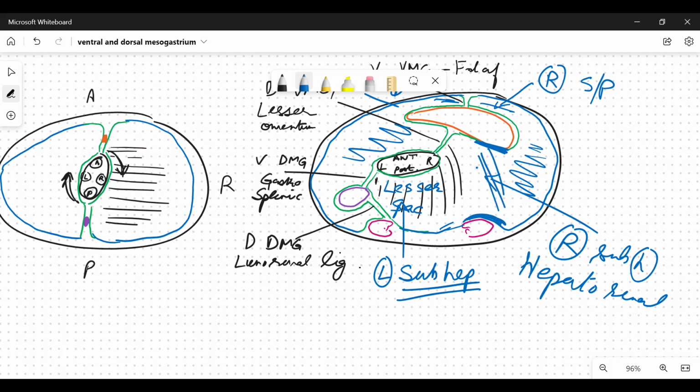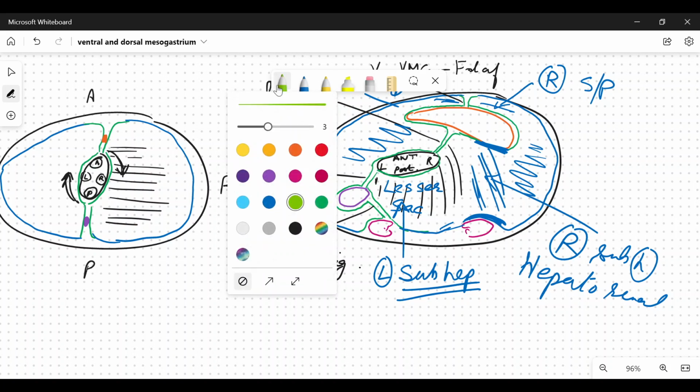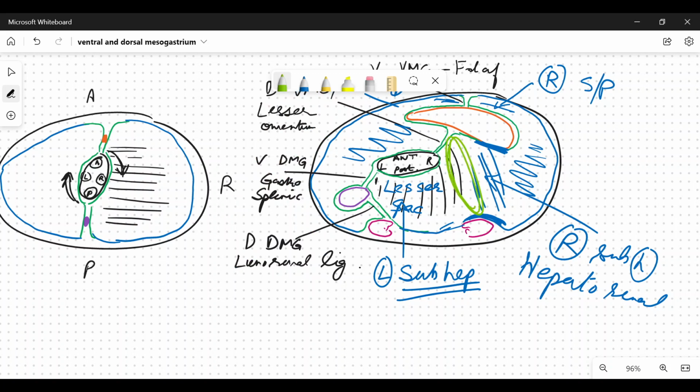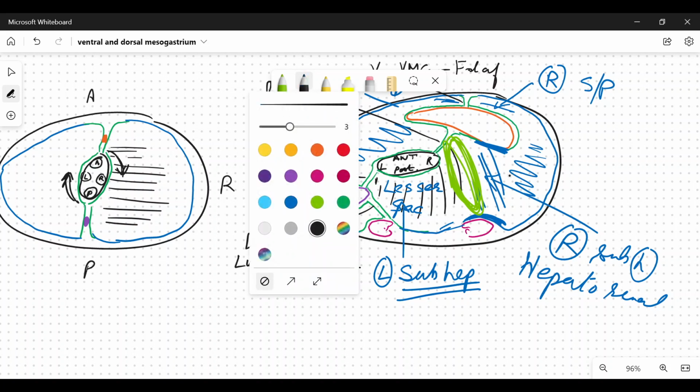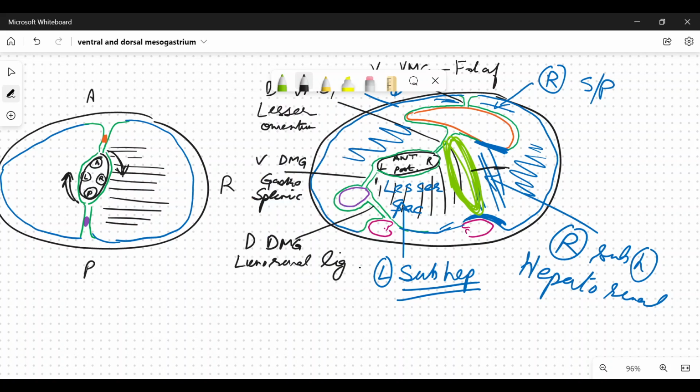So this space is the hepatorenal space, and this communication between the two, I have shown it to be very wide, but it is not so wide, it is narrow, via which the greater sac, specifically which part of the greater sac? The hepatorenal pouch communicates with the lesser sac.